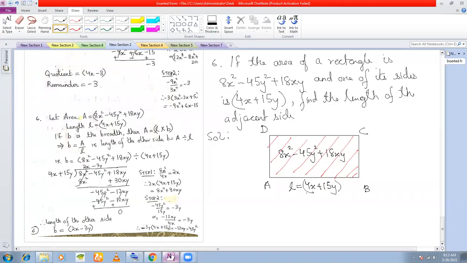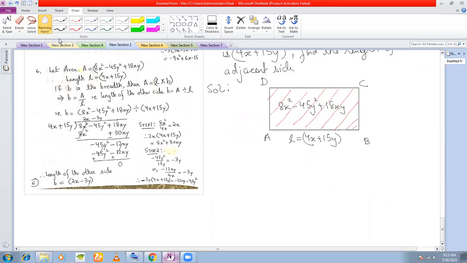It is said one of the adjacent sides. These two are adjacent sides, and also these two sides are adjacent sides. So you can take any adjacent side to be your length or breadth. I took this as the length, and the area is given as 8x square minus 45y square plus 18xy. The question is to find out the breadth, that is this part.